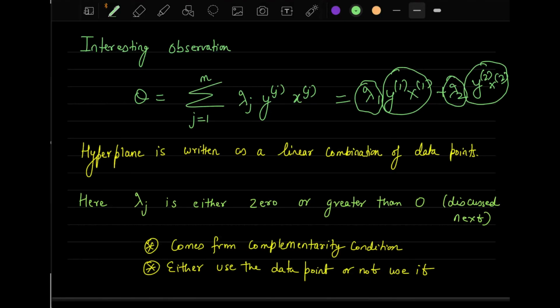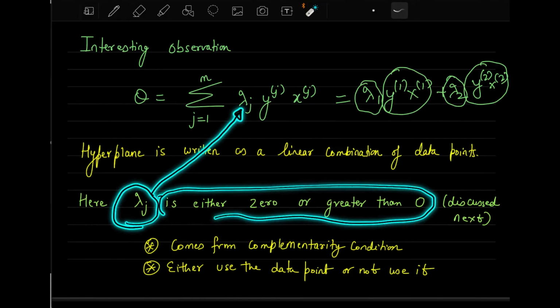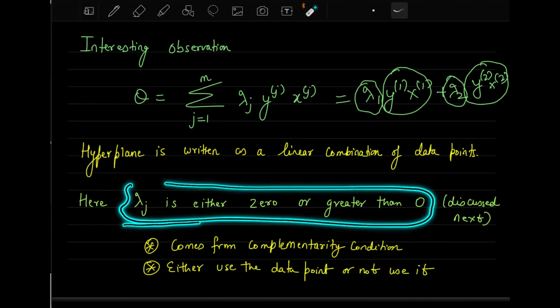And an important point to observe is that these lambdas are either 0 or greater than 0. As you can recall, these are the alphas that we were discussing, and we said let's replace alpha by lambda. This is a dual variable, which was constrained to be always greater than or equal to 0. So these lambdas are either greater than 0 or equal to 0.